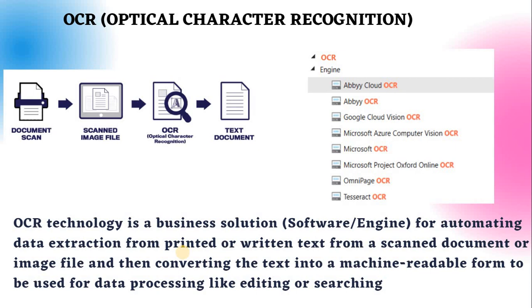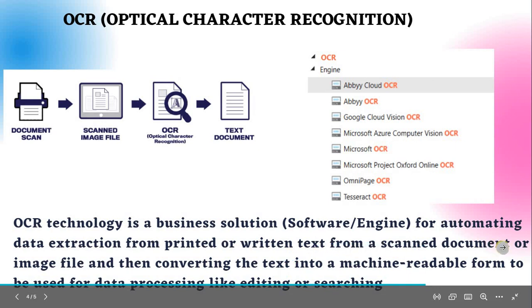If we want to automate this type of document, then we can use OCR engines or OCR software. It extracts text from a scanned document or image file and converts the text into a machine readable form to be used for data processing like editing or searching.